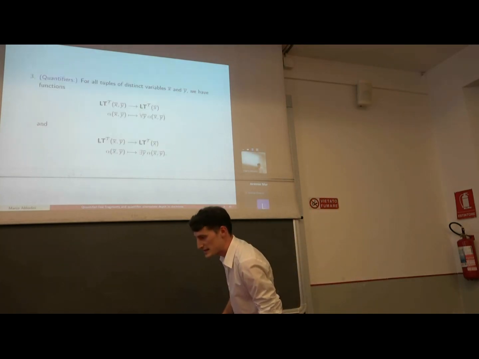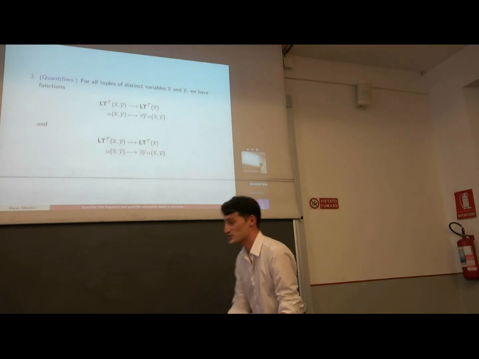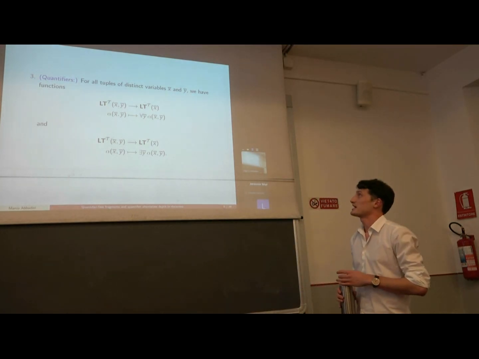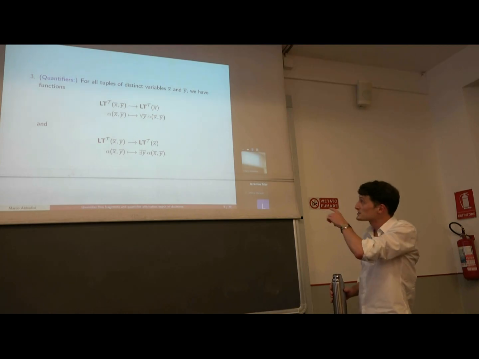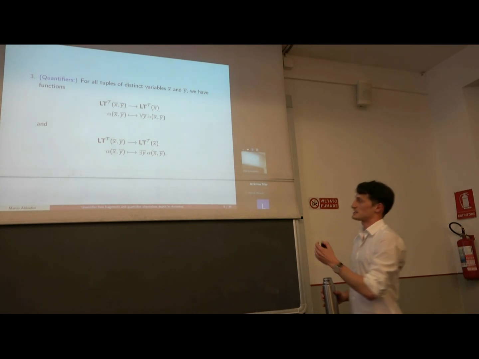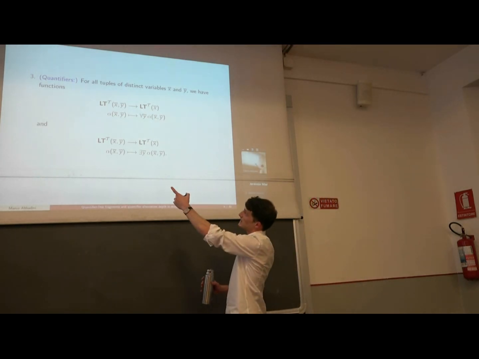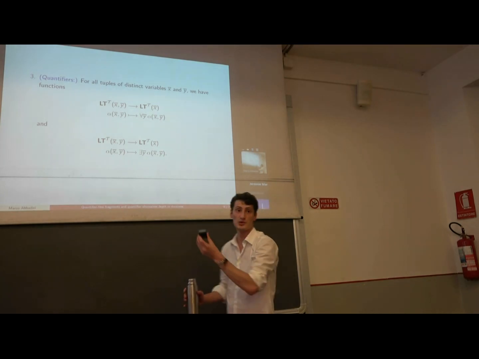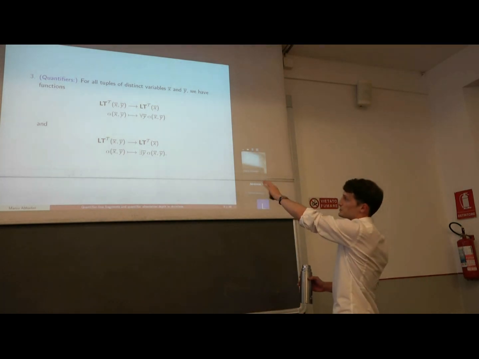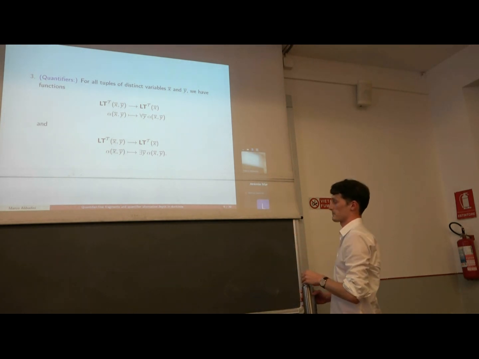And then the last piece of structure is quantifiers. Here, for all couples of distinct variables x and y, we have functions that take a formula alpha in context xy, so with free variables x and y, and you quantify over y, either universally or existentially.